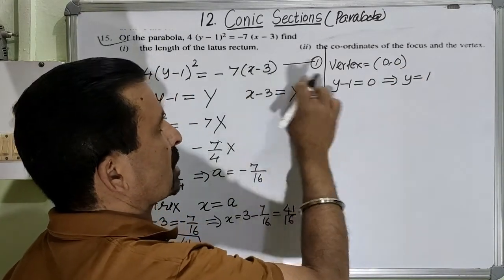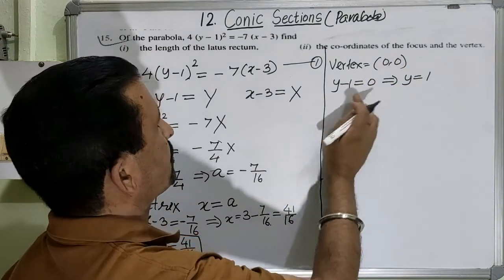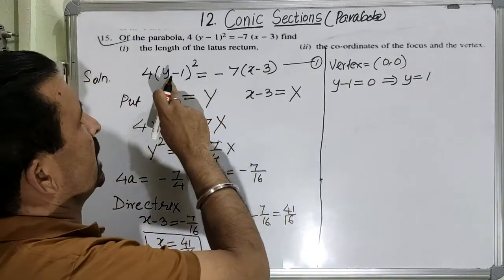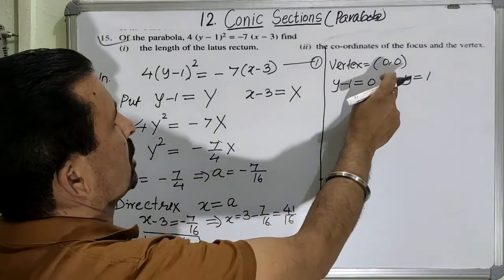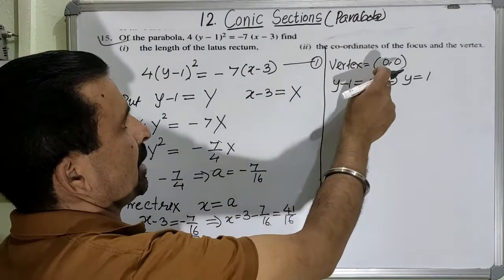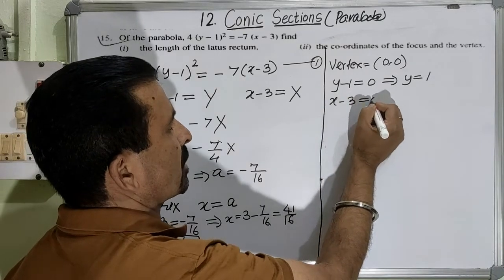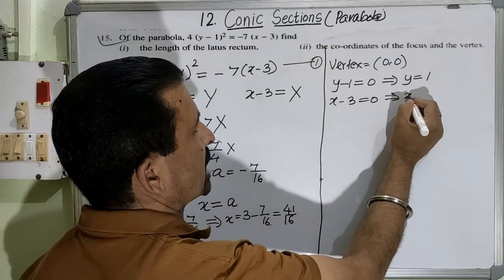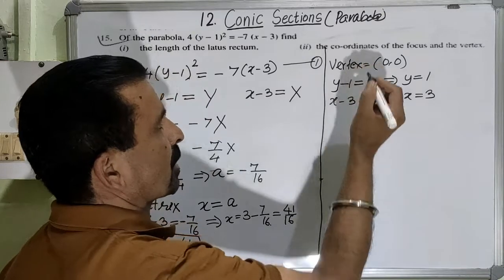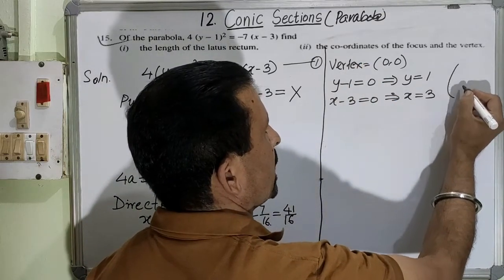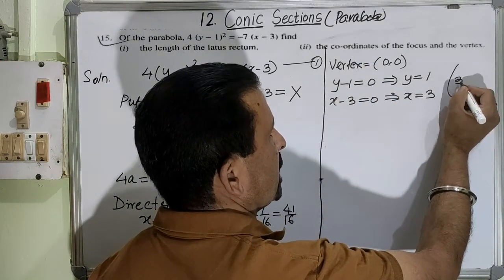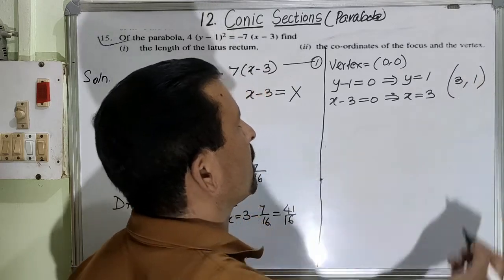For that, x minus 3 will be compared to 0. So x minus 3 will be equal to 0, and this implies your x is equal to 3. Therefore, the coordinate of the vertex will be x coordinate is 3, y coordinate is 1.